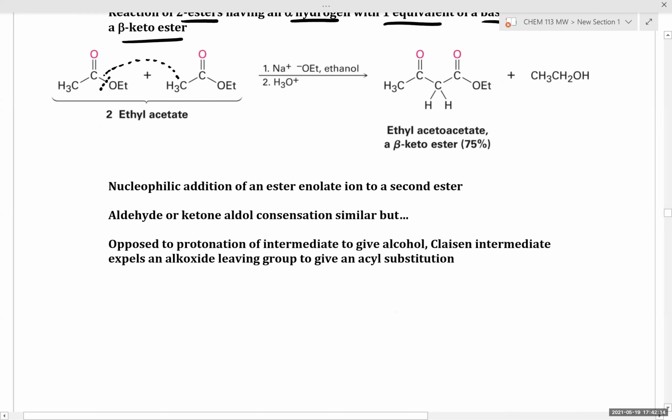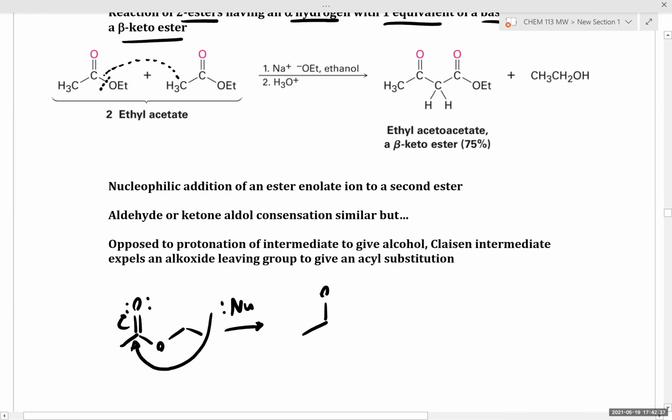You can think of this reaction as very similar to the acyl substitution reactions that we've learned previously. We know logically that, for example, if we have an ethyl ester and we treat it with a nucleophile, we'll see attack of our nucleophile.